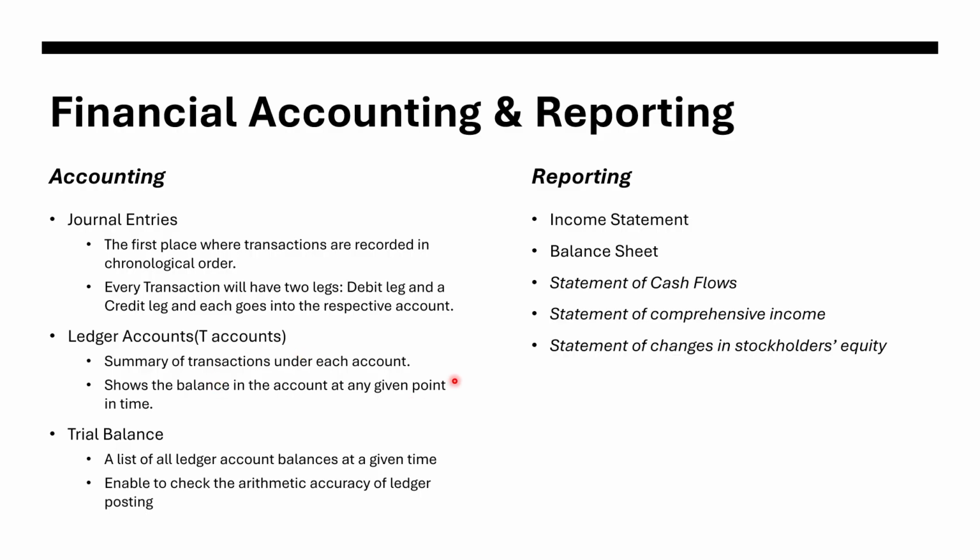Basically, a ledger account is a summary of all the transactions happening under one account, and it helps to understand the account balance at any given point. And from there we have the trial balance, which lists all the ledger account balances at a given point, and it helps to check the arithmetic accuracy of the ledger postings.